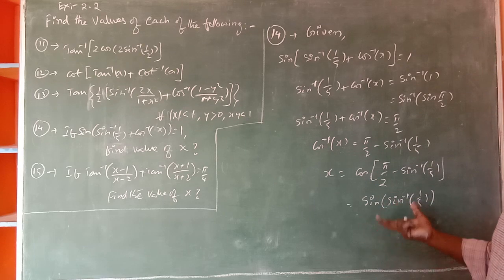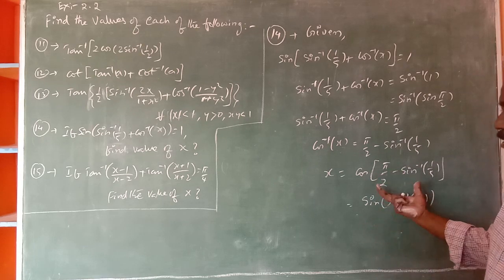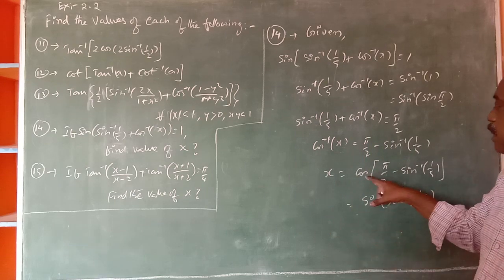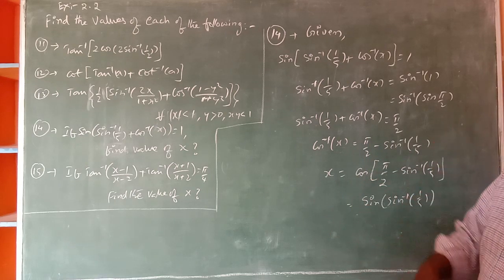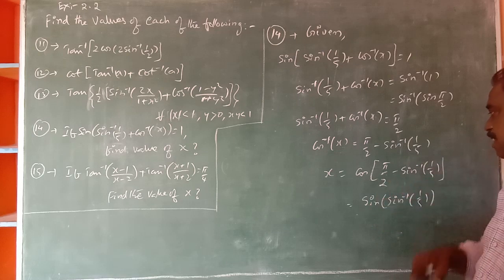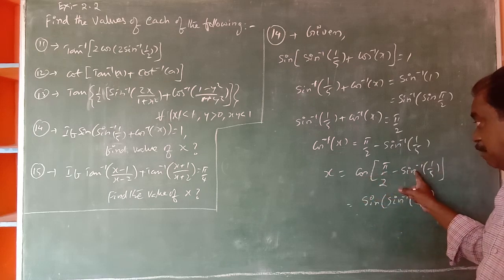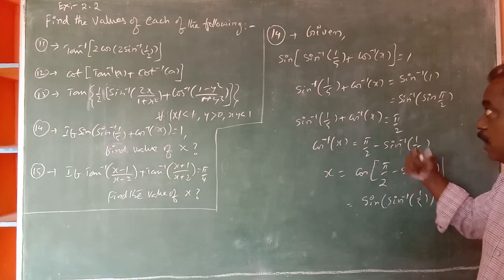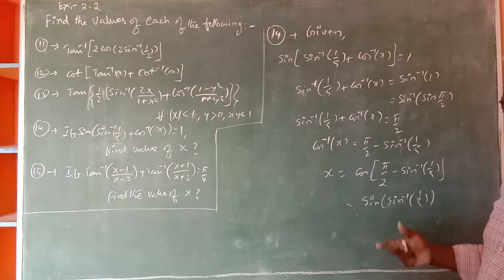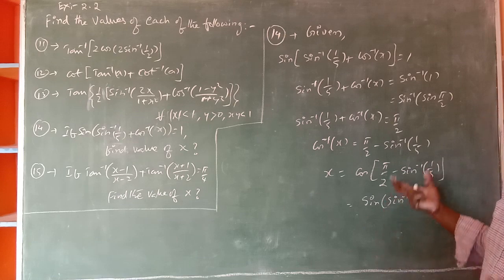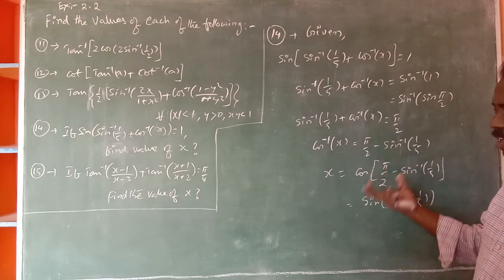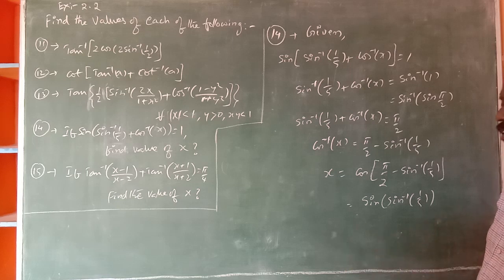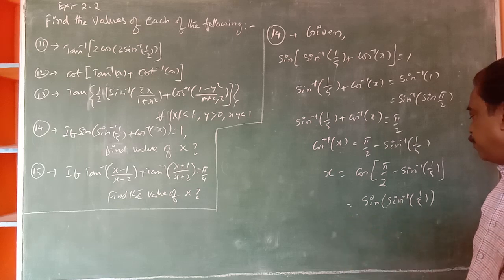How? What happened? Here it is the fundamental formula: cos (90 minus theta) is sin theta. One or two times you repeat it, otherwise it will not come. Because trigonometry is all based on the basic formulas. Very fundamental formulas, you have to learn them.